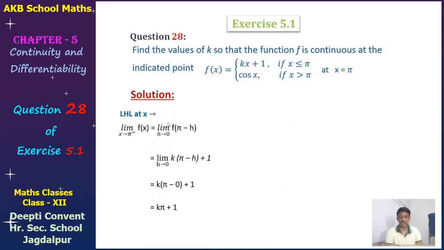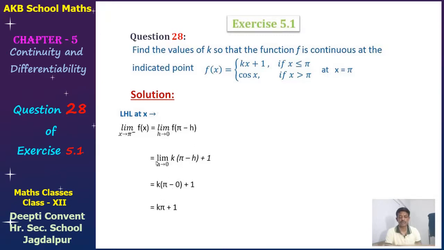So let us find the left hand limit at x tending to pi, that is limit x tending to pi minus, limit h tending to 0 of pi minus h. On the left side it is kx plus 1, with x meaning pi minus h.